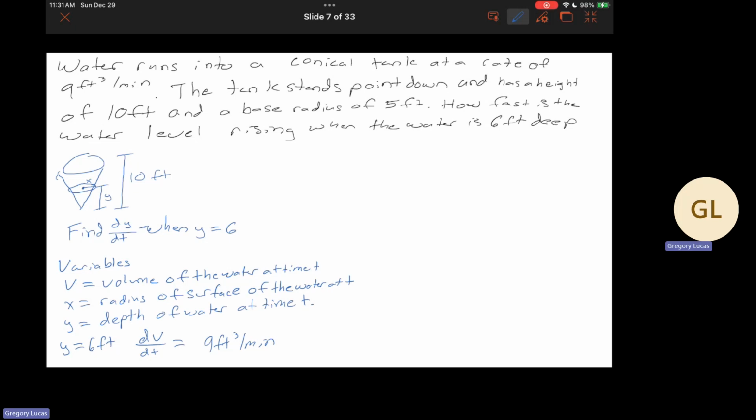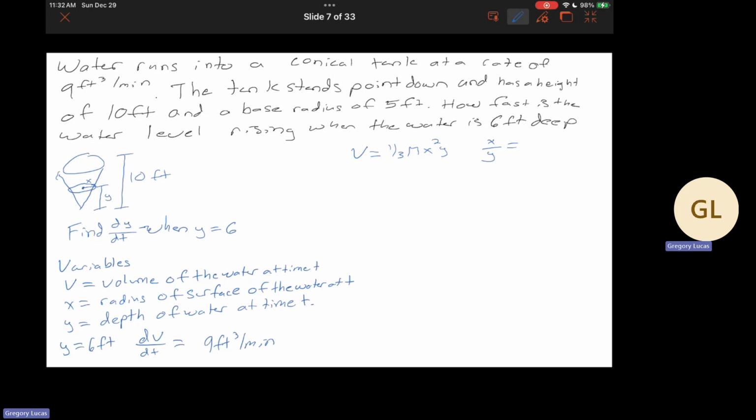And we also know the volume of a cone, and this is just from geometry: V equals 1/3 pi x squared y. And we're going to use another equation that we know. So let's say we have this x over y, our mini cone in comparison to our whole tank.